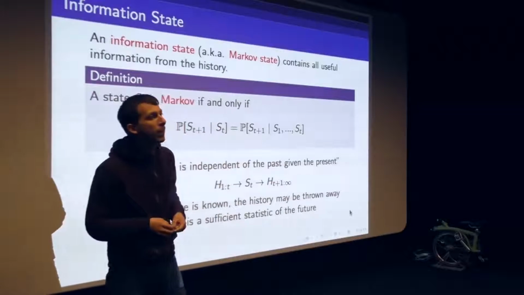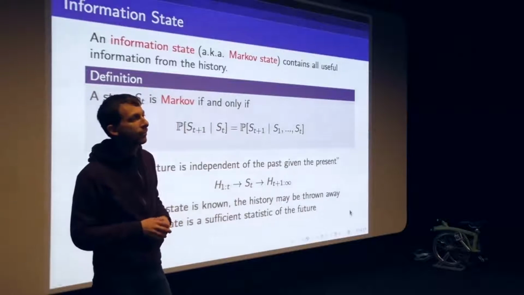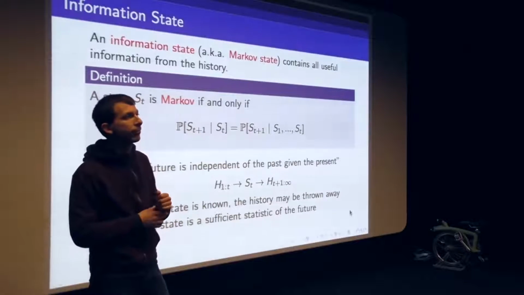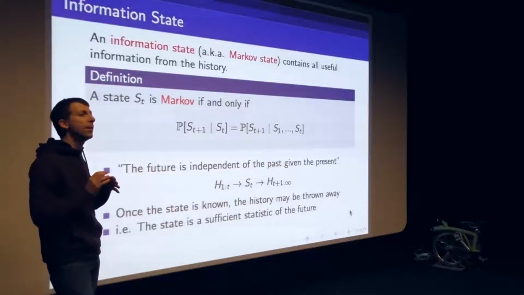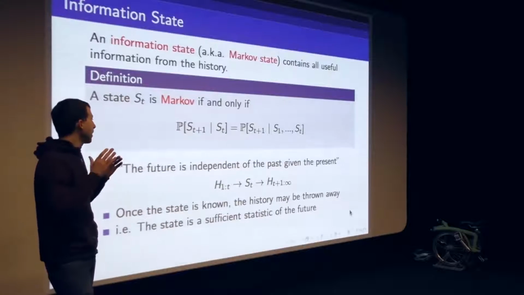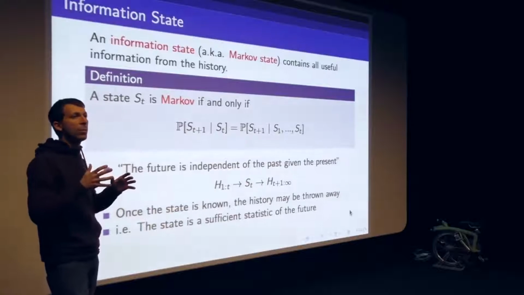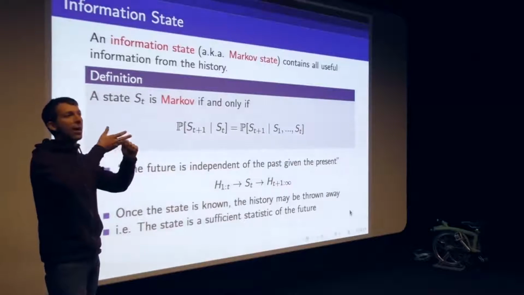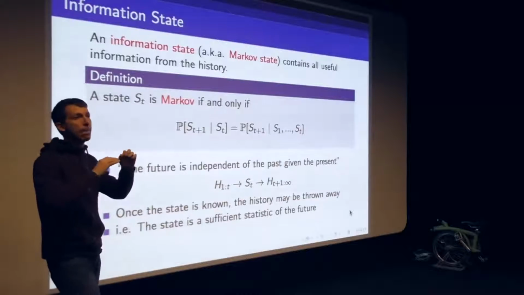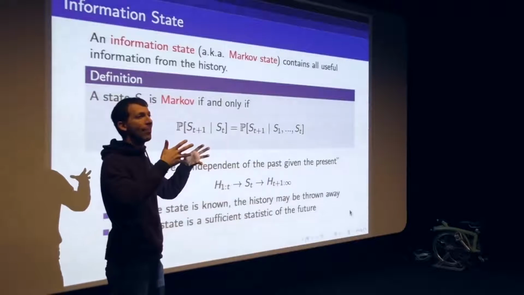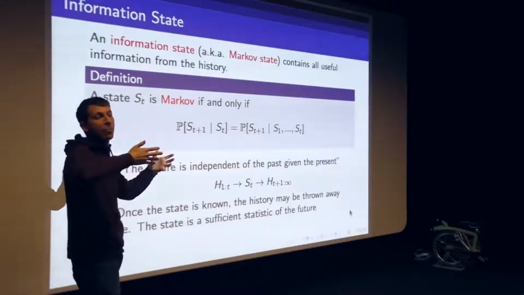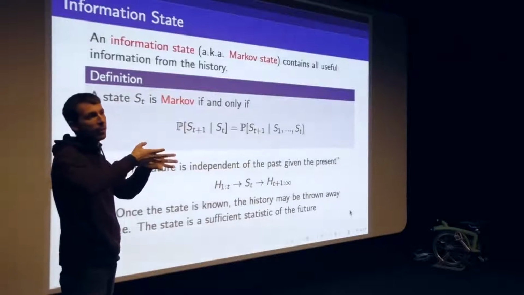Yeah. Can you give your example of a helicopter, for instance, because clearly where it goes next depends on where it was before. Okay, so the question was, how does this fit in with the helicopter example? A Markov state for the helicopter would be roughly the current position, velocity, angular velocity, and angular position of the helicopter.